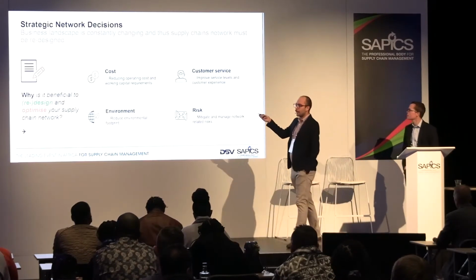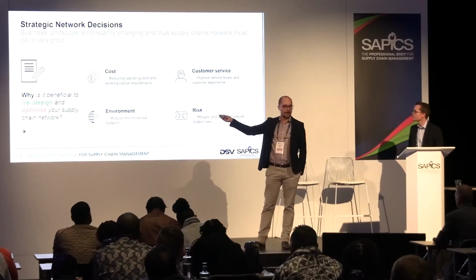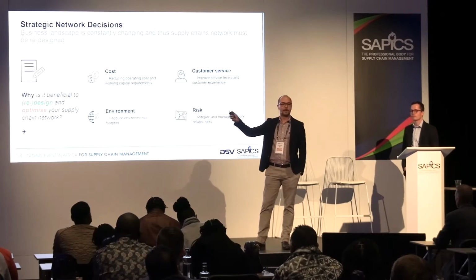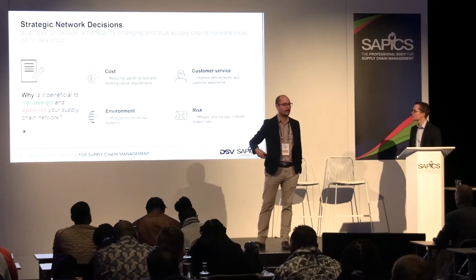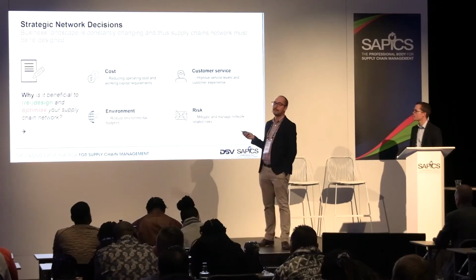The third one, environment. 5 years ago, environment would have made it onto the slideshow. It would have been on the list, but I would have just skimmed past it and just checked the box. But that is not the case anymore.